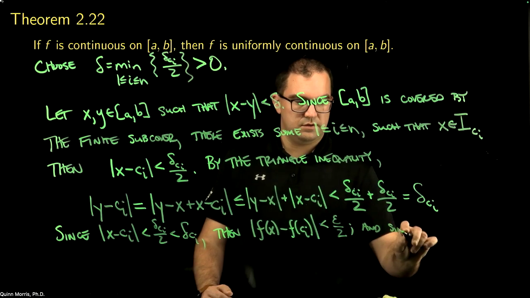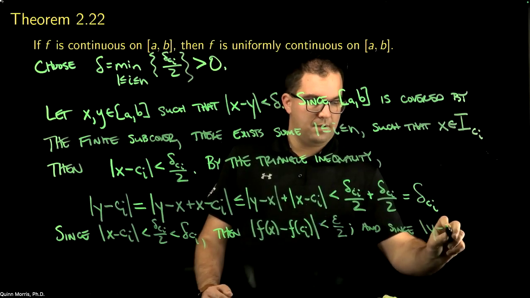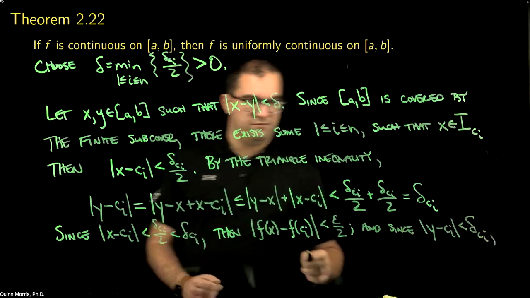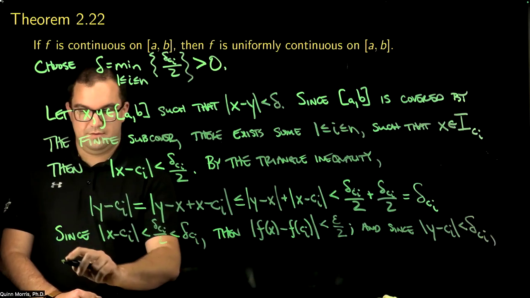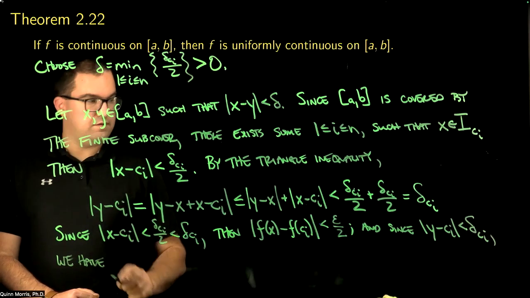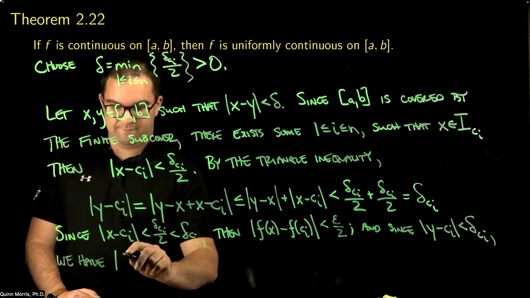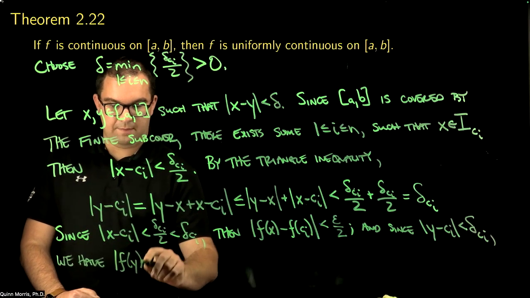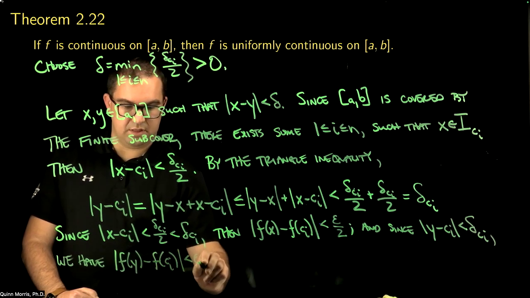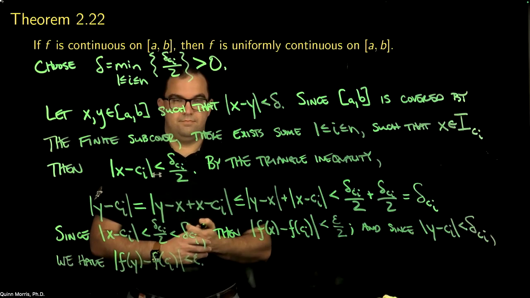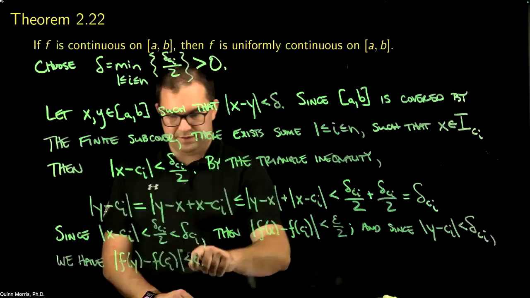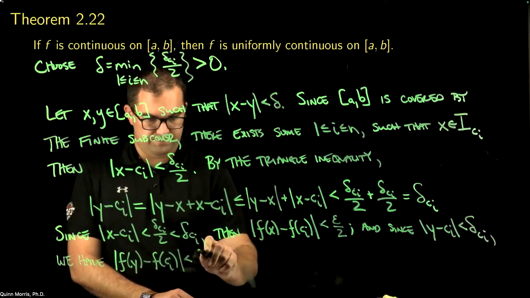And since y minus c sub i is less than delta c sub i, we can again invoke continuity at ci. Then we have that f of y minus f of ci is less than epsilon over 2.